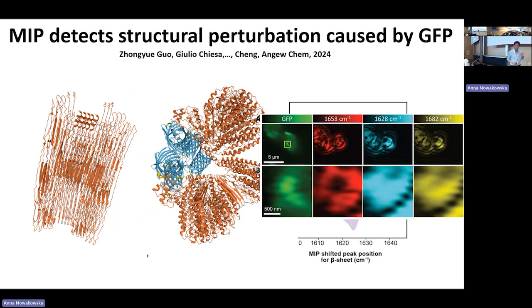So this means two things. GFP could dramatically change the structure of the protein and change the function of the protein. So GFP can tell us where the protein is, but we should be cautious now when studying the function of the protein. And second, vibrational imaging is great if we can avoid the use of GFP.